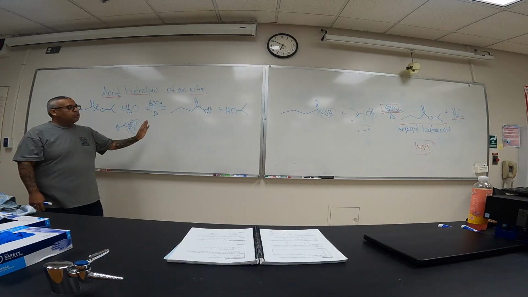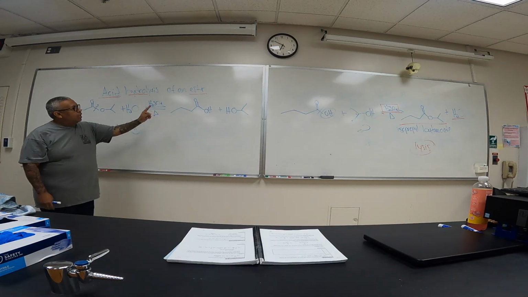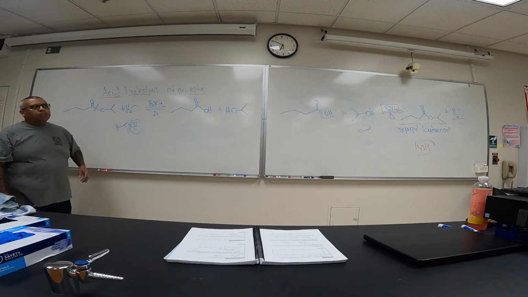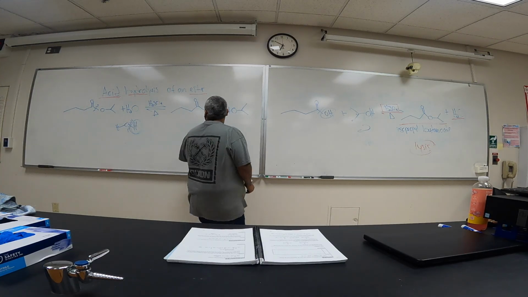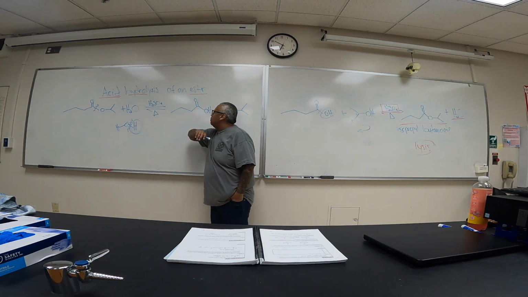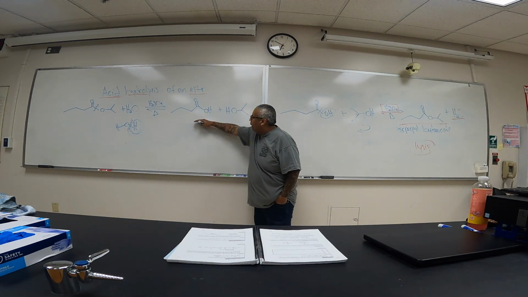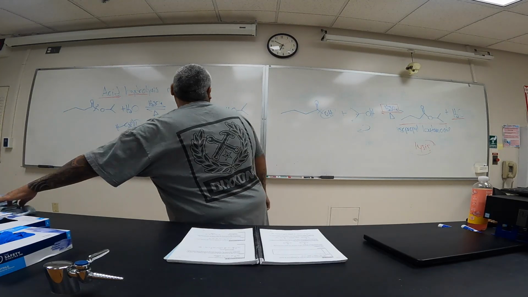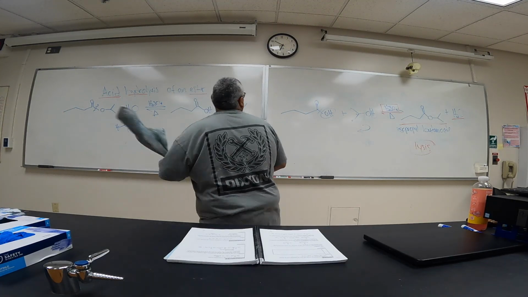Esterification is the reverse of this: carboxylic acid plus alcohol, we get an ester and some water. But in acid hydrolysis, we take our ester, add water, break that bond with some acid and heat, and we get back our carboxylic acid and this alcohol.